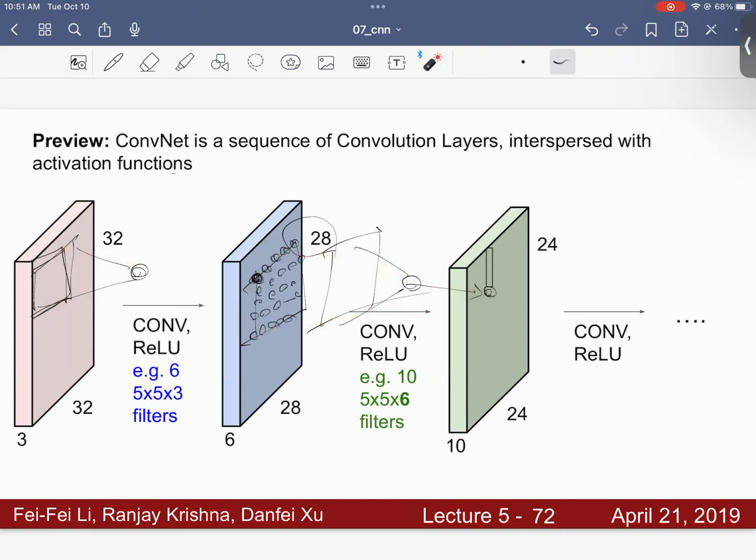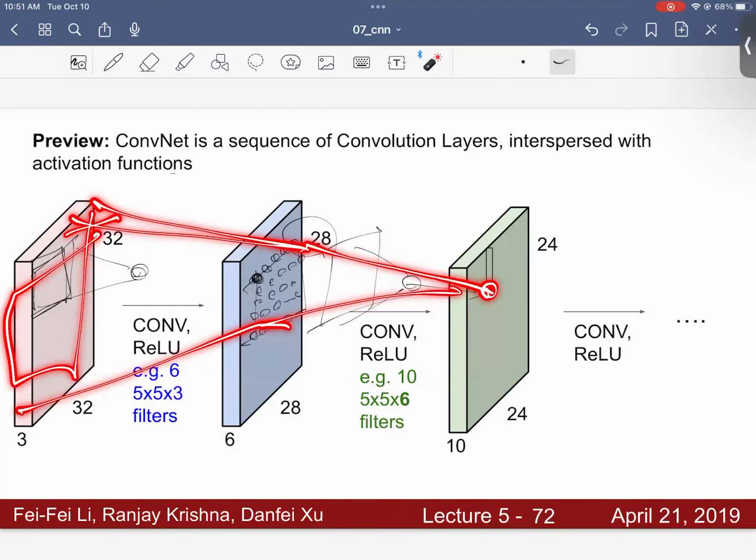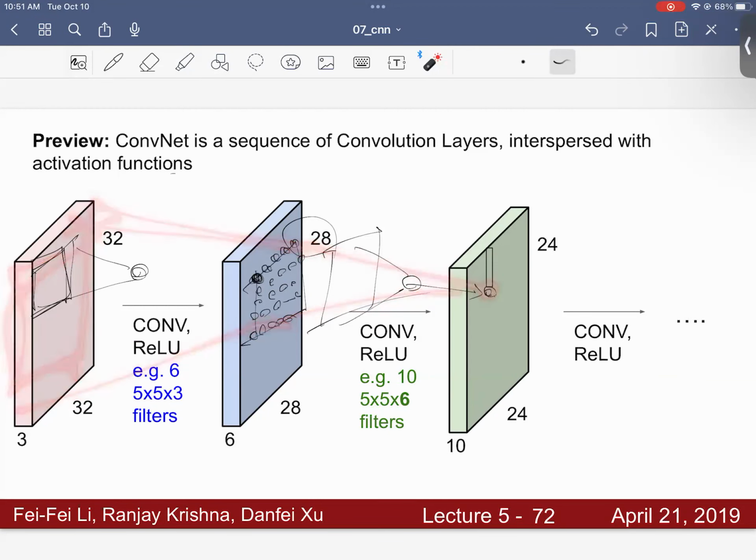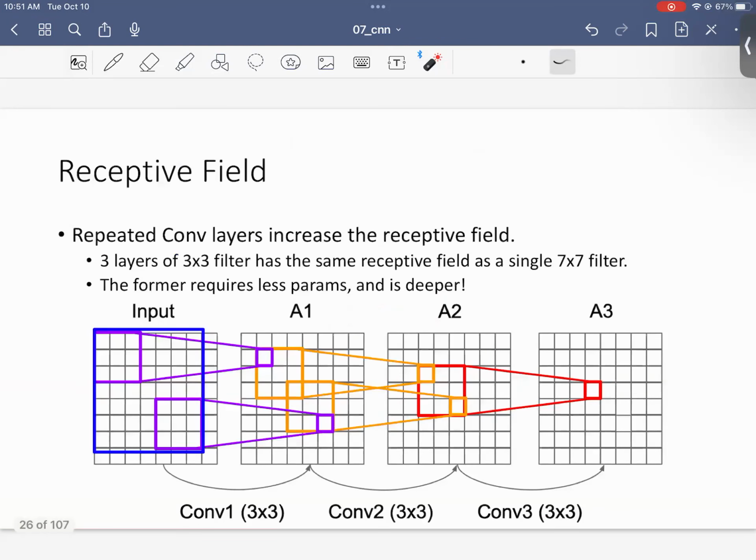Which means that, recursively, we'll be looking at an even larger patch. So in the end, at the input layer, it'll be a very huge patch. That's what is happening here, here, and here.